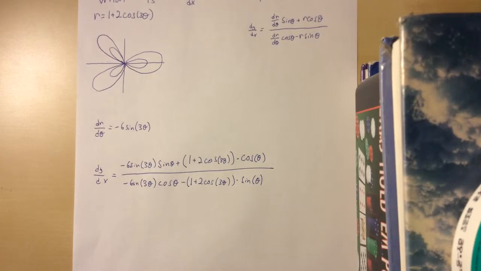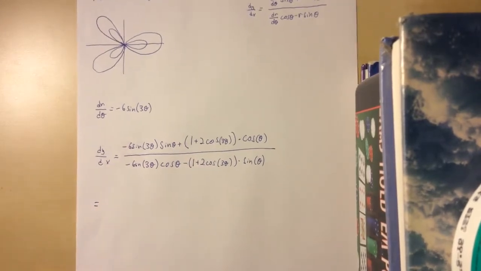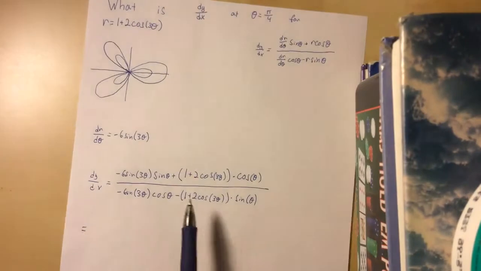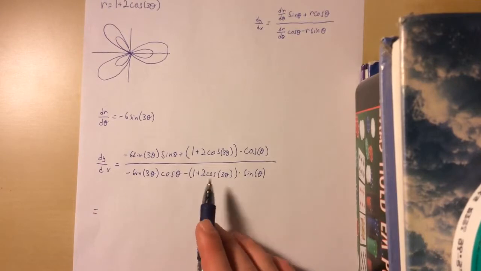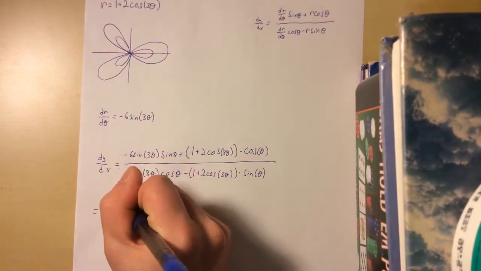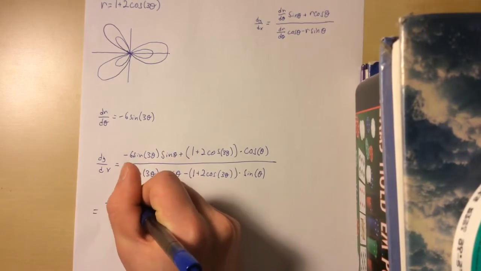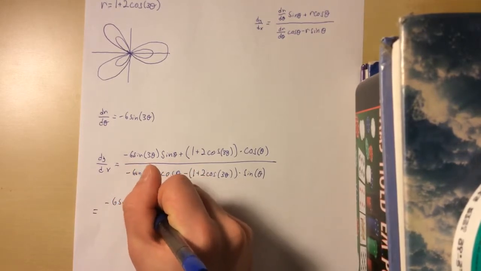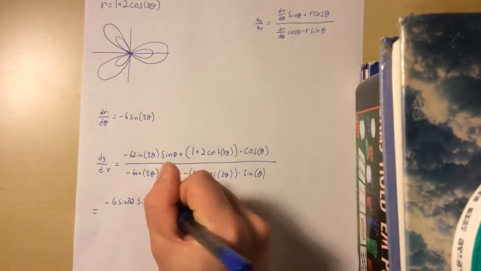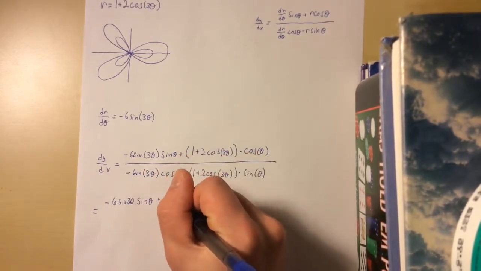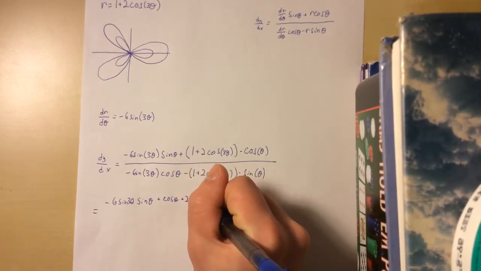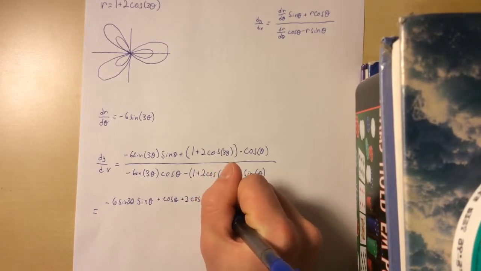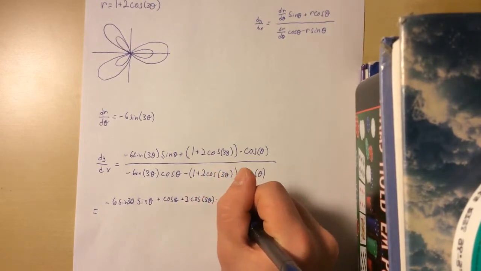So now what we need to do is pretty much multiply this out. And some of these problems, they might not look nice at the end. You're gonna have a lot of messy algebra to do. So let's see what this turns into. Well, the beginning part is fine. Sine 3 theta times sine of theta plus, well, we get a cosine theta, and then we get a 2 cosine 3 theta times cosine theta.